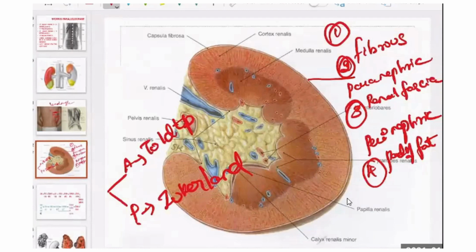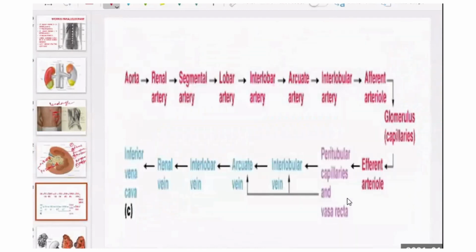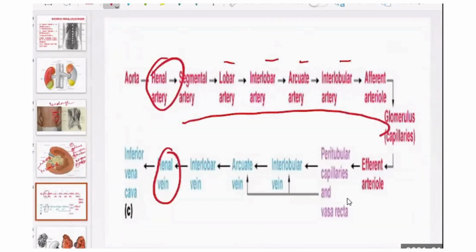So from the aorta, the renal artery enters, which divides into segmental, lobar, interlobar, arcuate, interlobular, afferent arteriole. So this is the way the renal artery is converted into renal vein. All these structures are present within the kidney. These minor ramifying branches are taking place on the kidney.